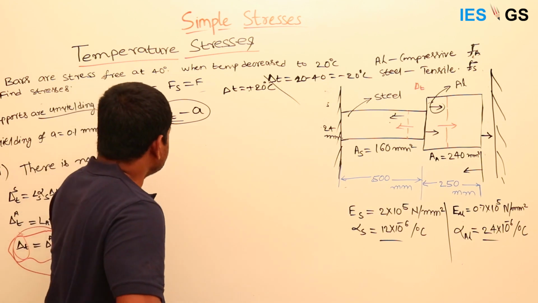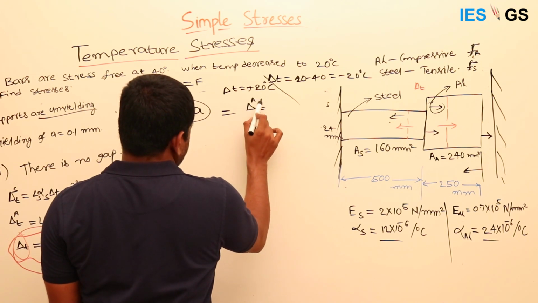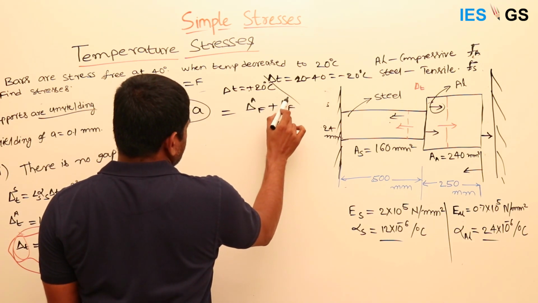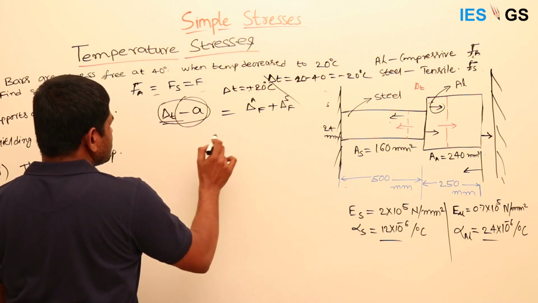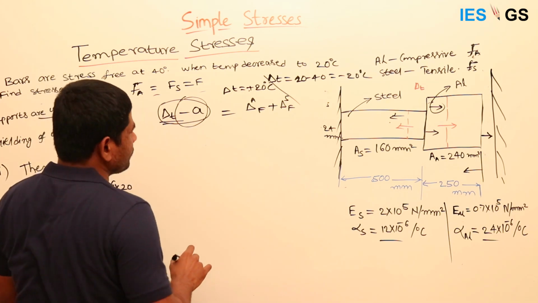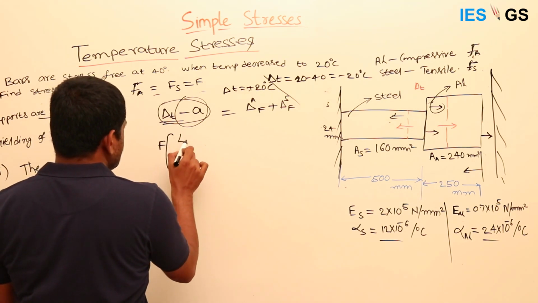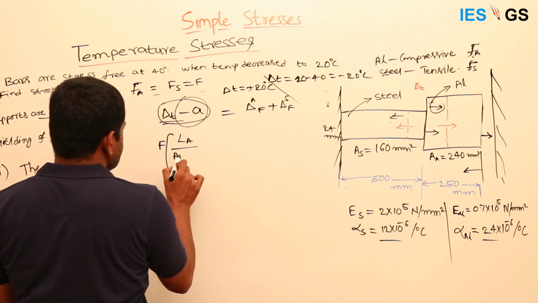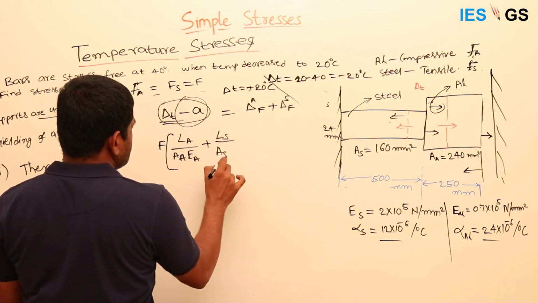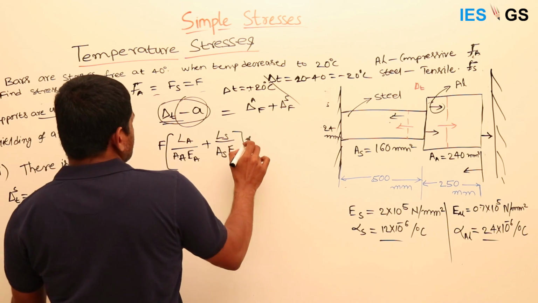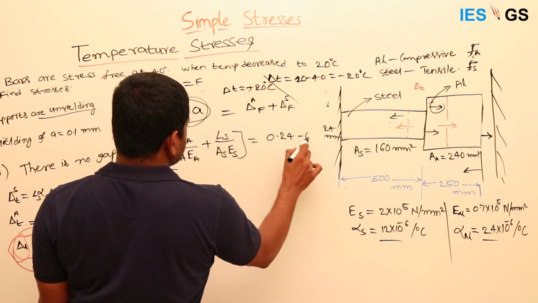Then we need to equate this into delta F A plus delta F S. In the previous case this is missing, and here in this case we are substituting this. Again this can be written as F into L A by A A E A plus L S by A S E S equal to 0.24 minus 0.1.